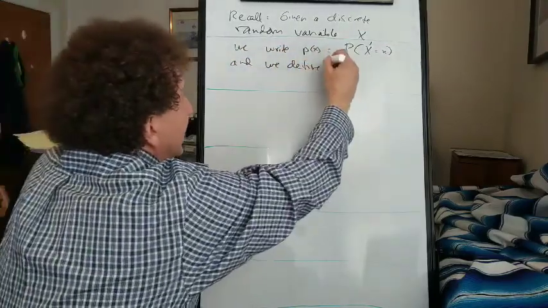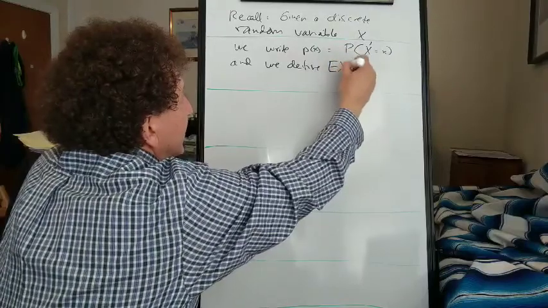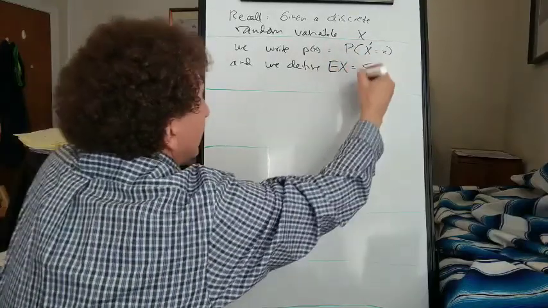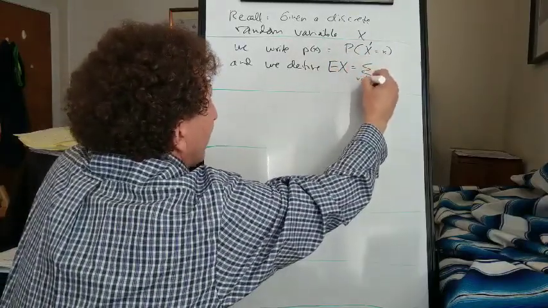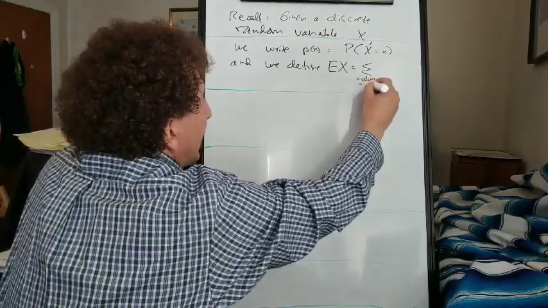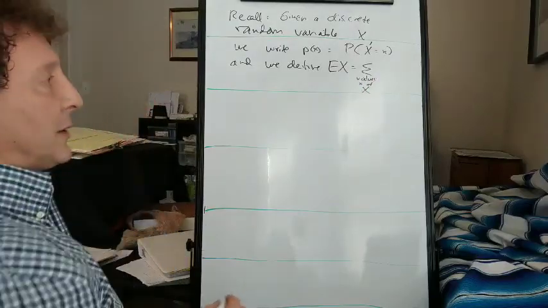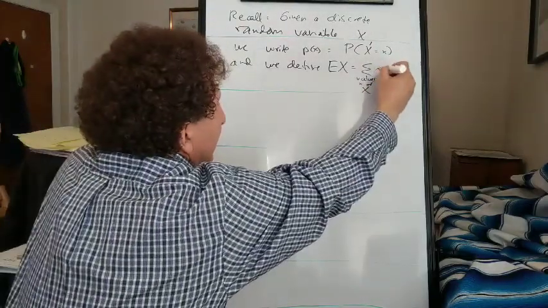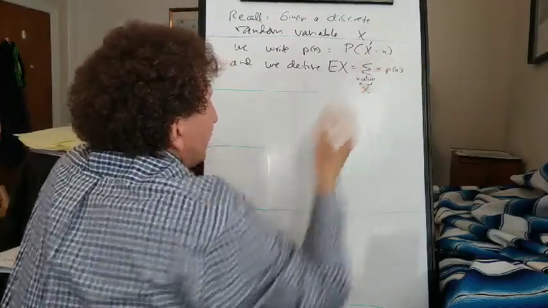And we define expected value of X to be the sum over all values little x of the random variable capital X, x times the probability of seeing that value.